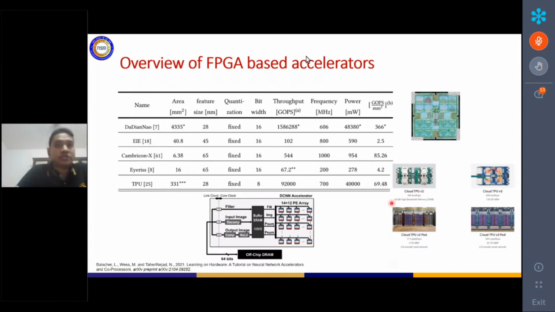We have the TPU, which is the Tensor Processing Unit from Google. V1 was published only for inferencing, but nowadays V2, V3, and other versions are employed in Google data centers for large-scale deep neural network training.